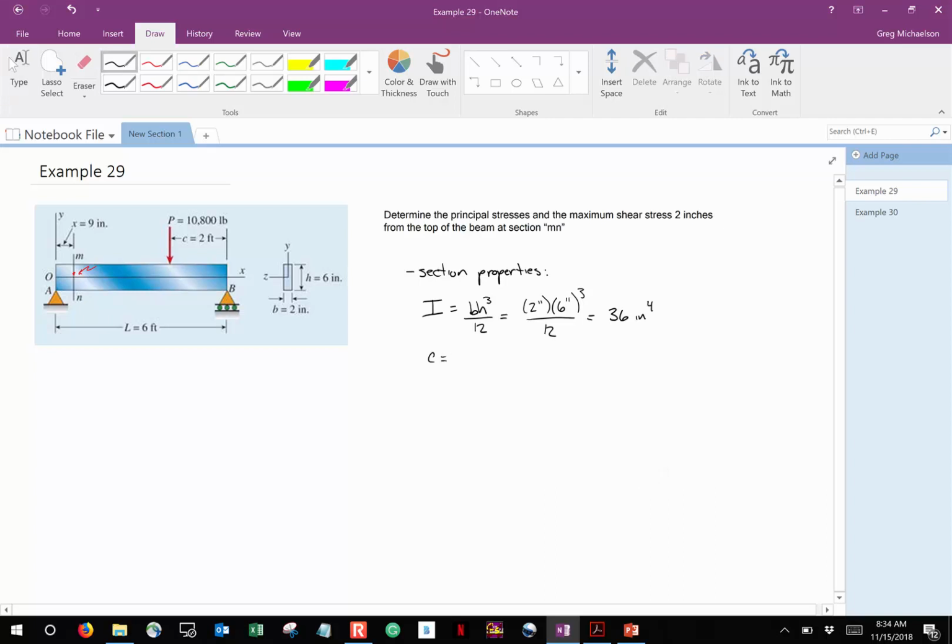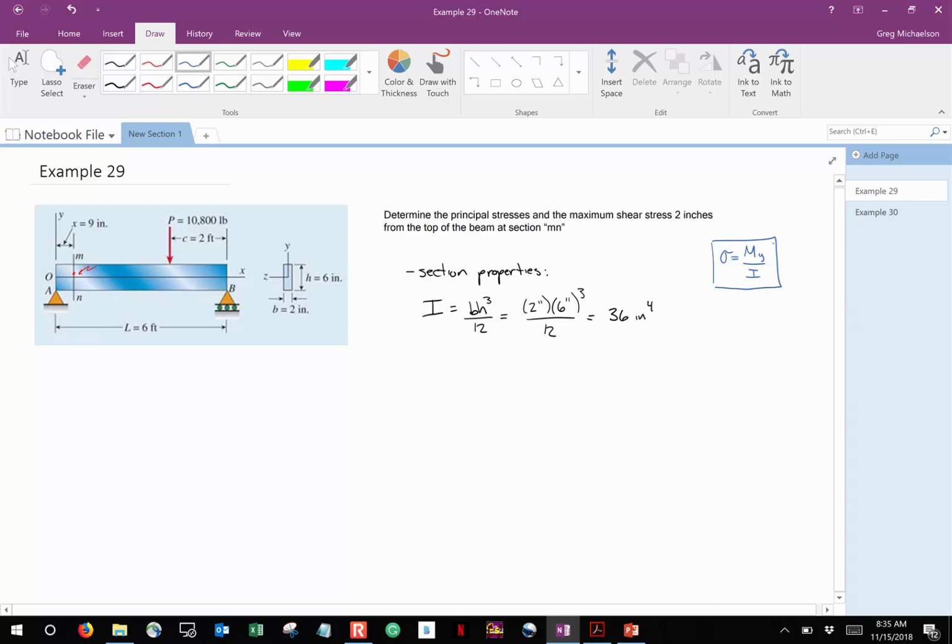we know our extreme fiber distance would be 3 inches, but we're not looking at extreme fibers. We're actually looking at the distance from the centroid to the point in question. So really, if you remember, our bending stress equation is sigma equals My over I. Okay, and what is y?